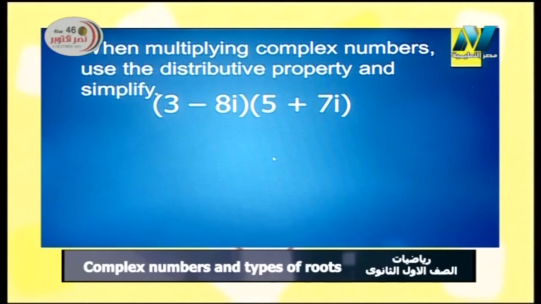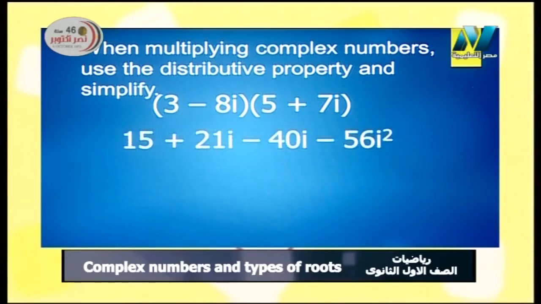When multiplying complex numbers, use the distribution property and simplify. We have here, my dear students, 3 minus 8i in a bracket, and the other bracket is 5 plus 7i. We have now two brackets multiplied by each other. So concentrate with me.